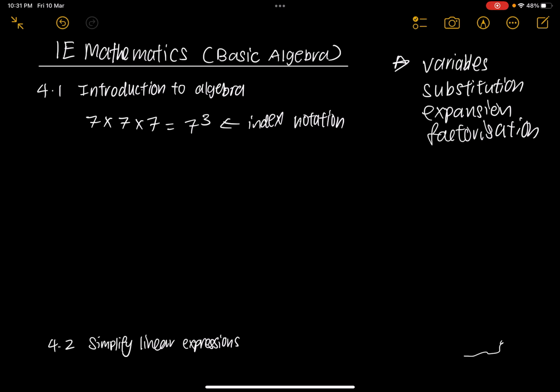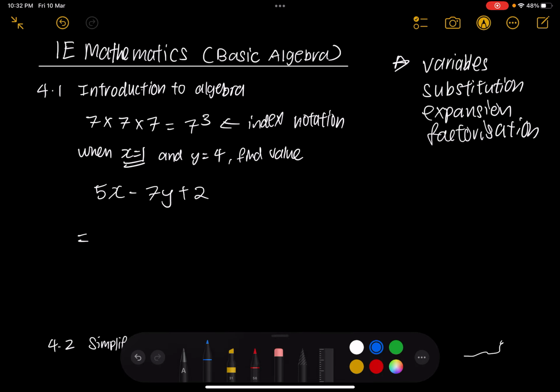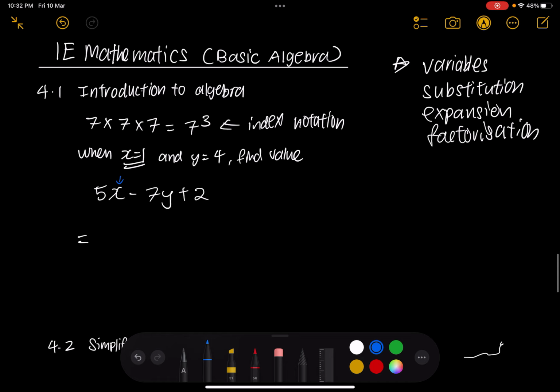Now, when x equals 1 and y equals 4, find the value. Example: 5x minus 7y plus 2. I want to solve this, so what I'm gonna do is substitute inside. When my x is 1, this represents 1.